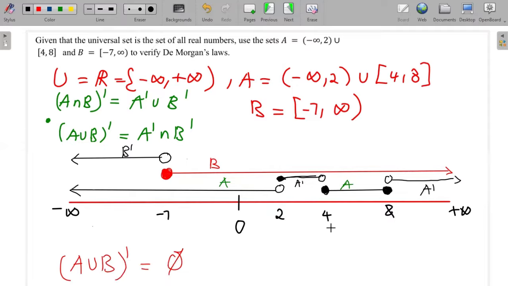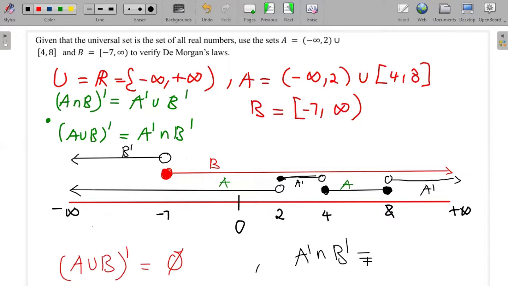So can we see any part of the A complement intersecting with the B complement? We can't, right?